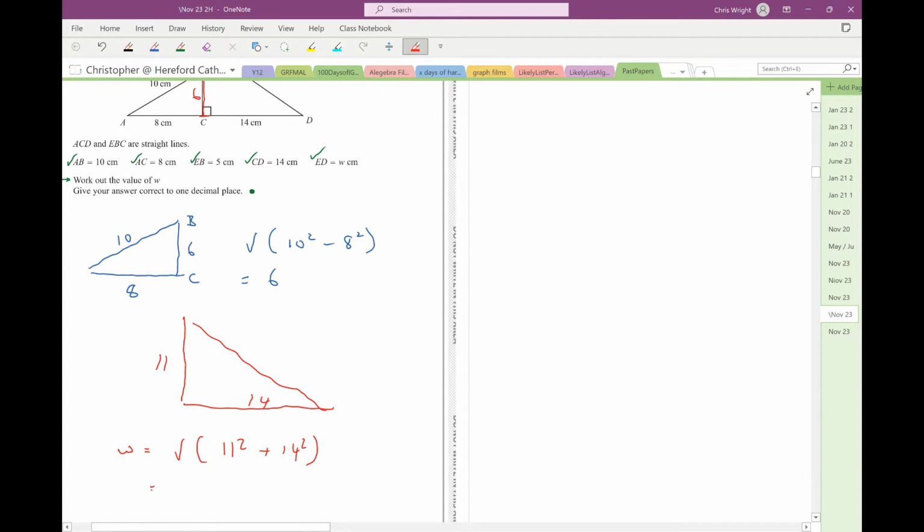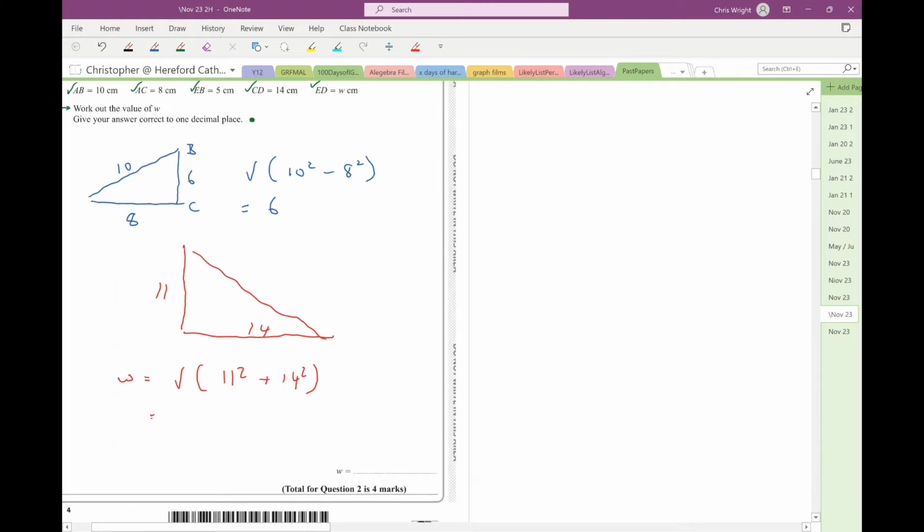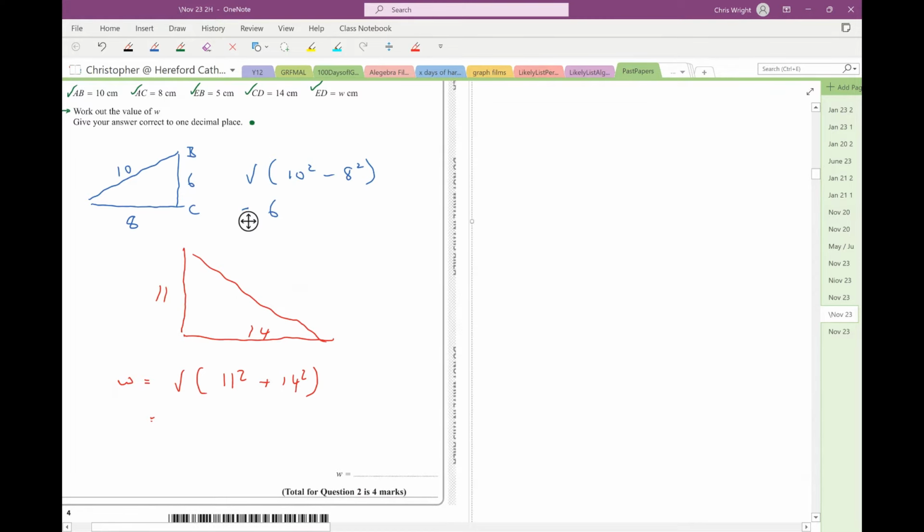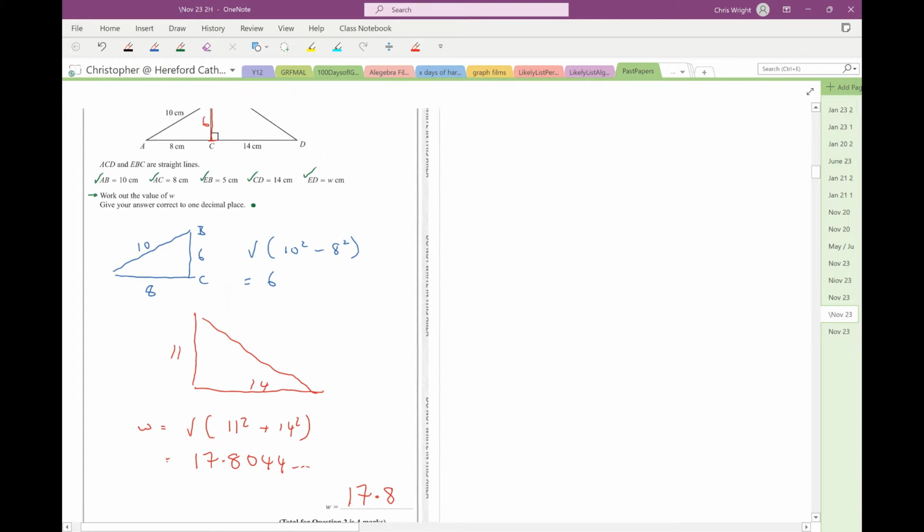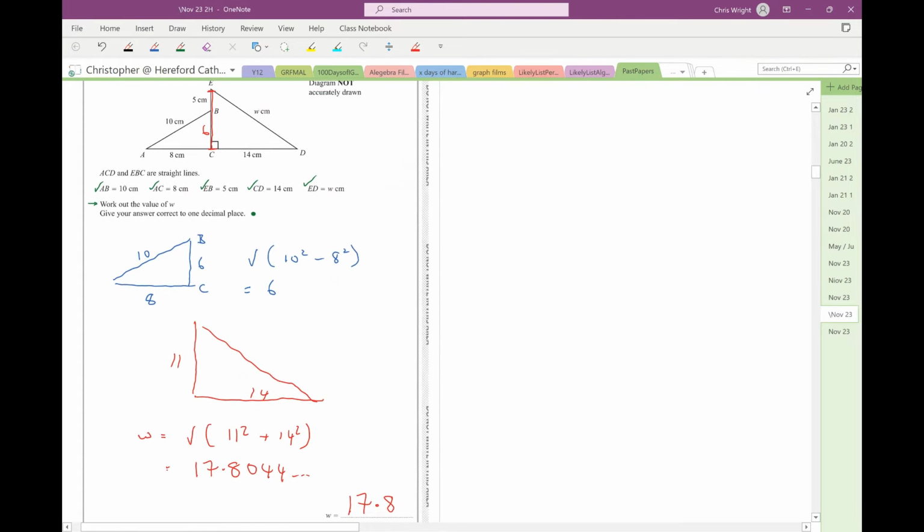So W is the square root of 11 squared plus 14 squared. Well, on my calculator, I get 17.8044 and so on, and I need to give it to one decimal place, so my answer is 17.8. And that is question 2 finished.